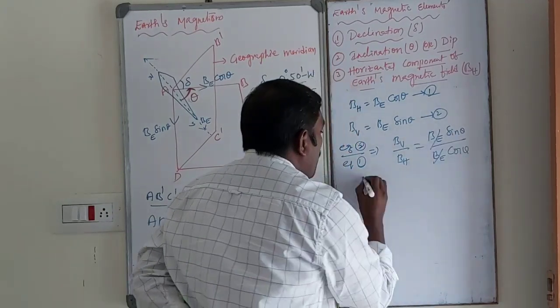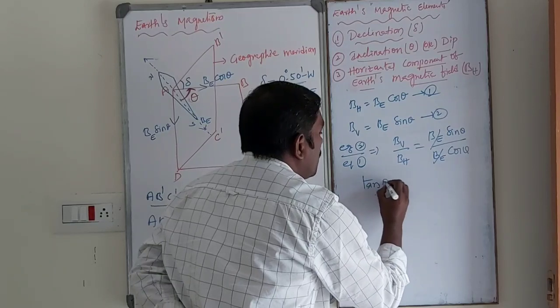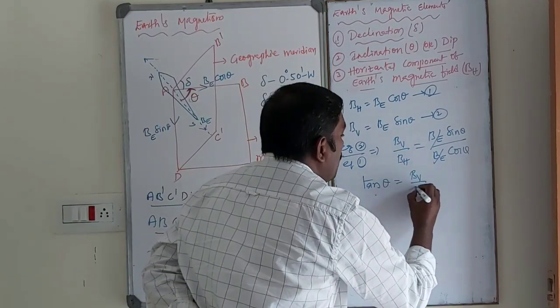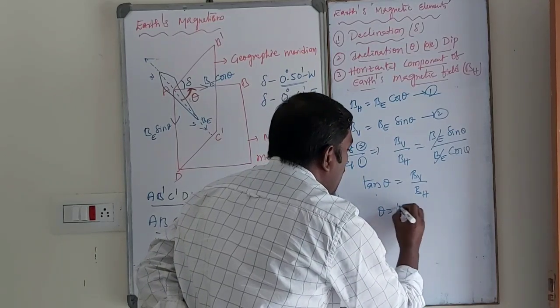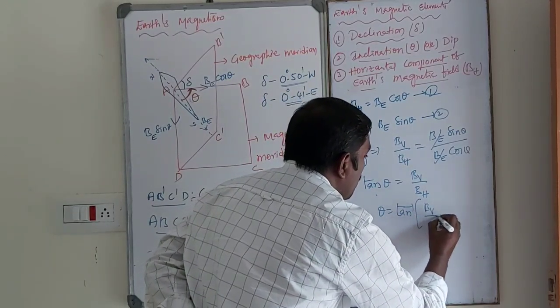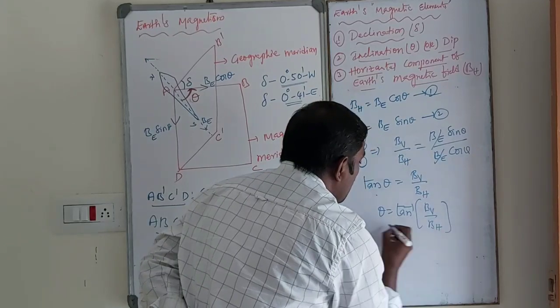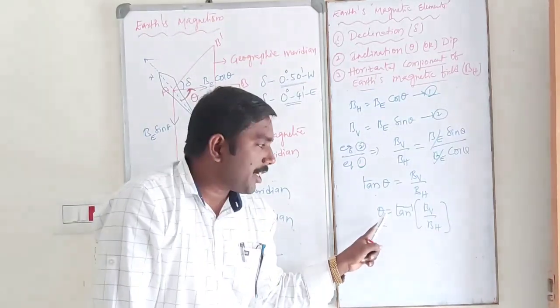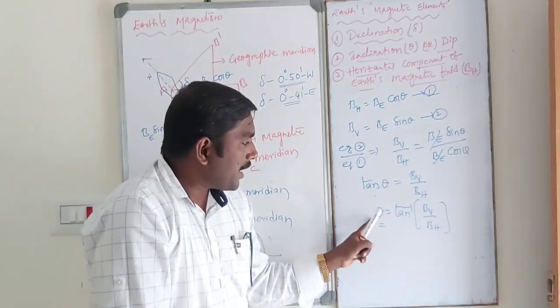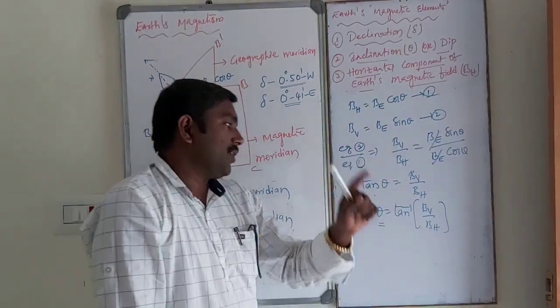BE cancels out. Ultimately, tan theta is equal to BV by BH. Theta is equal to what? Tan inverse of BV by BH. This is the angle of dip. This is the formula to find the dip. Theta is equal to tan inverse of BV by BH.